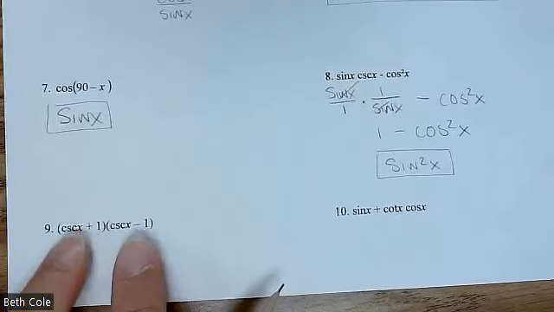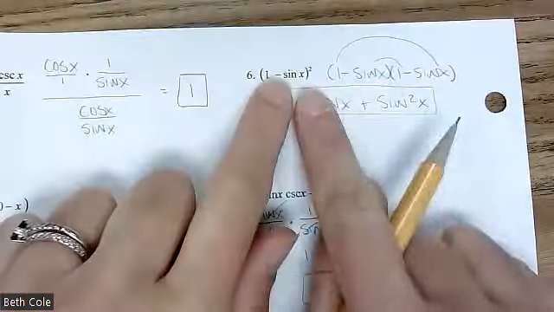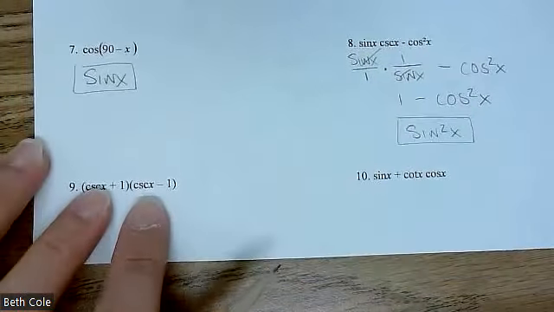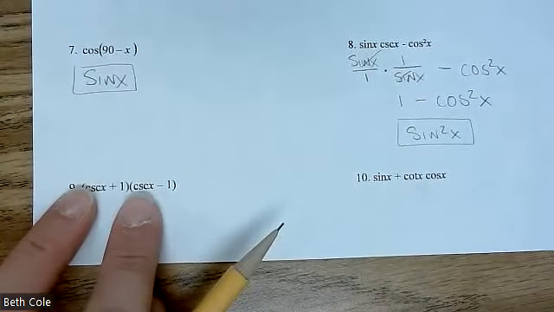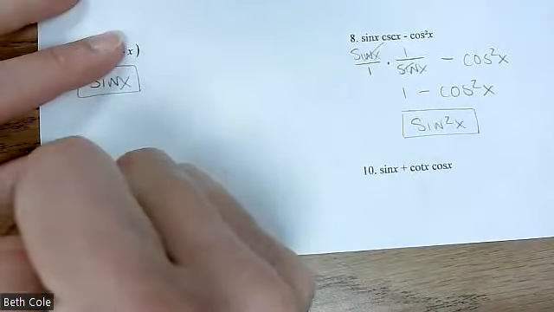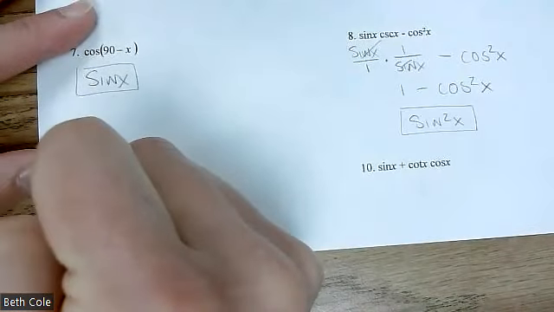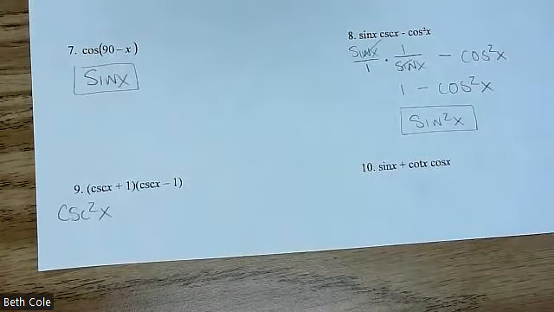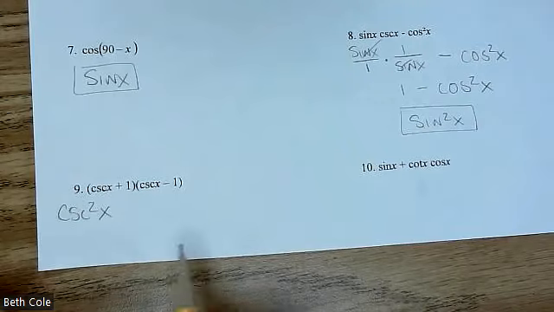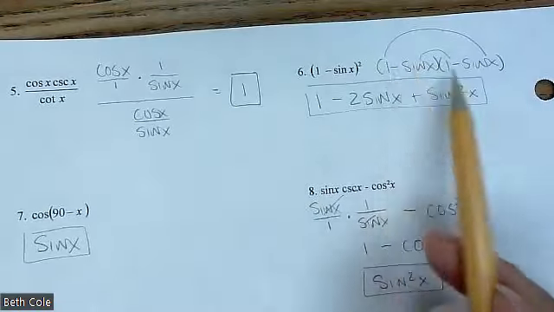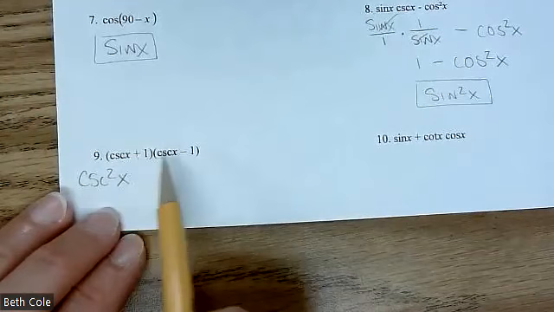All right, this one, very similar to what we did in number 6, where we distribute all this stuff to each other. It's already set up for us. So when you multiply the first, cosecant times cosecant, cosecant squared, yeah. Now, instead of them both being negative, like it was up here, we have 1 positive and 1 negative.